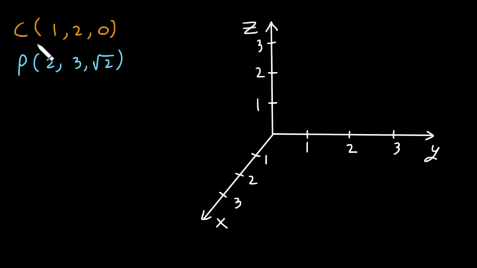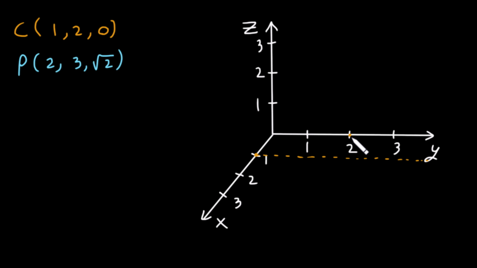Now let's plot this C, which is the center. We have to go right 1 step, which is here. Then from this point, we have to go forward 2 steps. To plot it accurately, we have to plot a dashed line like this, parallel to y-axis. Then from 0 to 0, which is here.